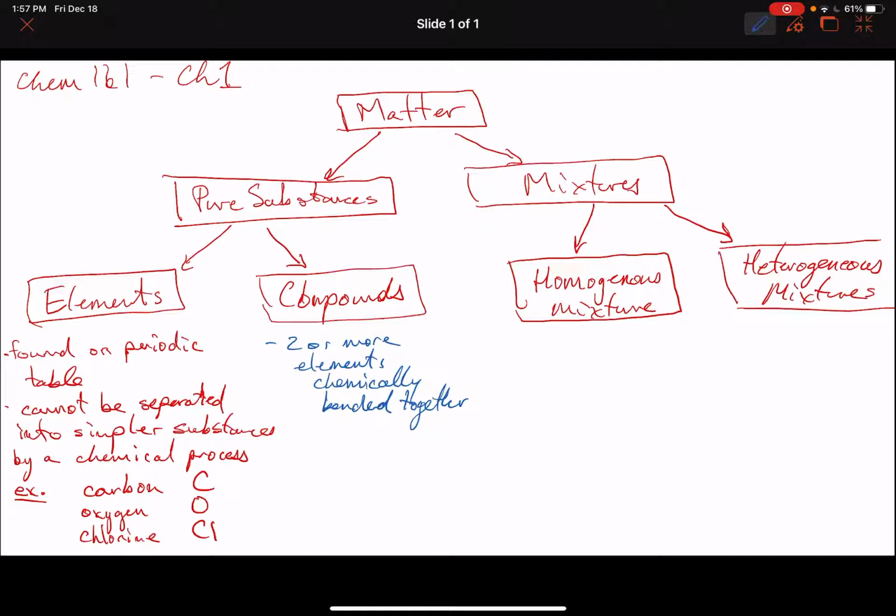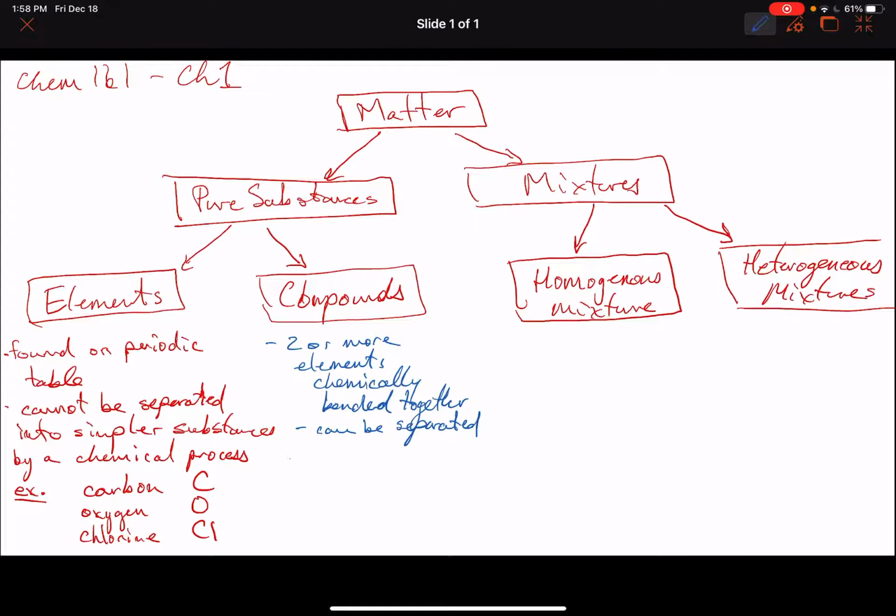These compounds can be separated but will require a chemical reaction to separate the bonded elements from each other to make the simpler materials and rewind the material back to the two or more elemental form after such a chemical reaction.